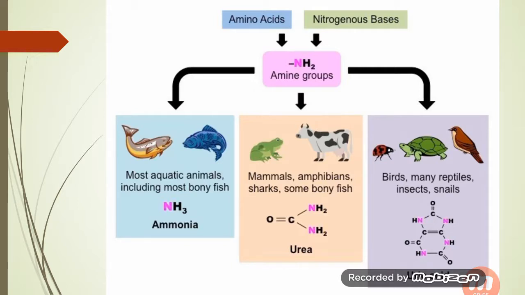All the mammals, amphibians and some bony fishes excrete urea. Birds and many reptiles and insects and snails release uric acid.